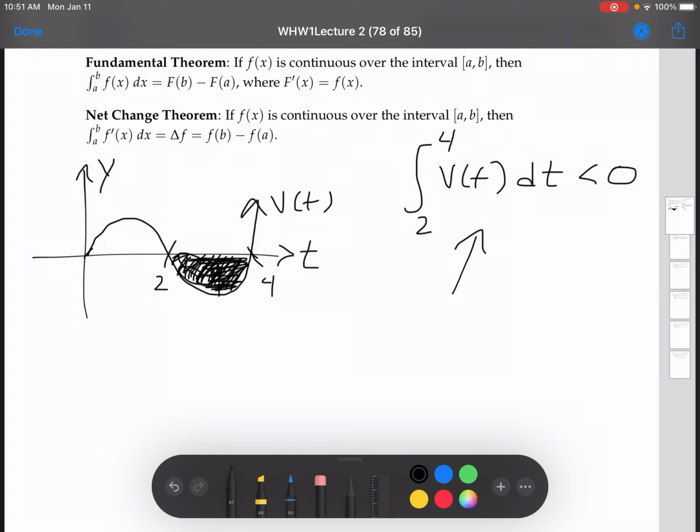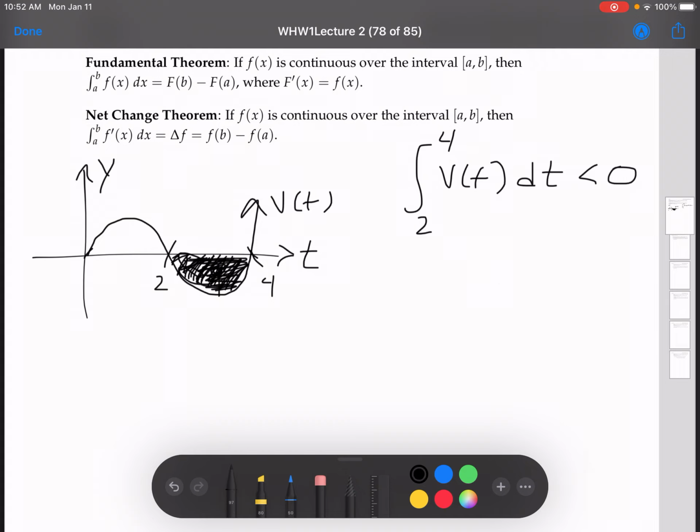The integral assigns a negative to that area because it's below the t-axis. The area itself is not negative, but because it's below the t-axis, we assign a negative to it. That's what the integral does. So that shaded part there is negative. That's what I have written here.